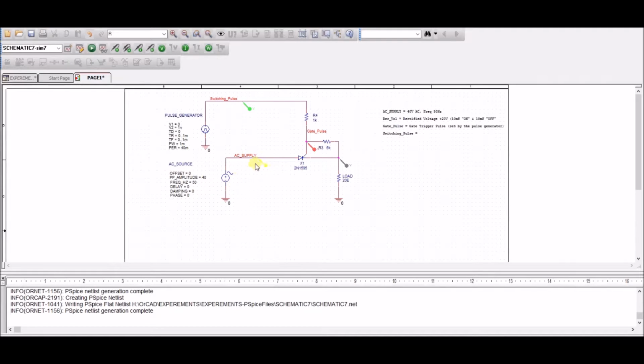So what happens here is you're pulling the gate voltage down by a 6K resistor and very low ohms on this side, 20 ohms in this case, to ground. So when there is no voltage applied here, you are actually keeping the gate at a lower level.